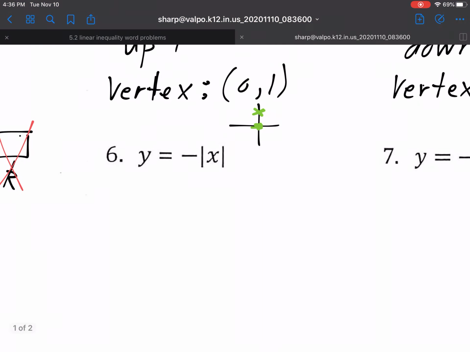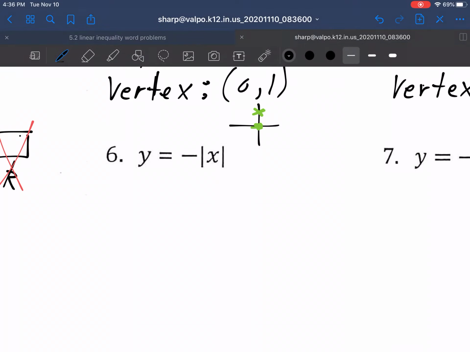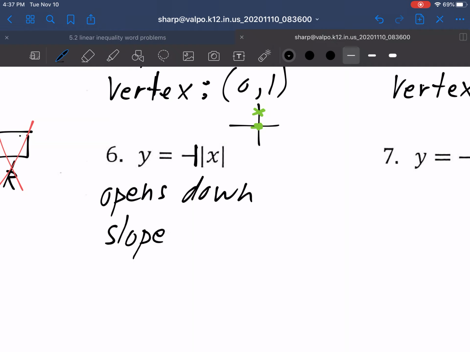This one is one we have not seen yet, number 6, and it looks like you'd have to definitely find the a value, which is up front. Here's the a value at -1, which means two things. First of all, you should think, well, this thing's going to open down because there's a negative in front of the a value, and also the slope is going to go in reverse order, because if the a value is -1, the slope is going to turn into being down 1 over 1, right?